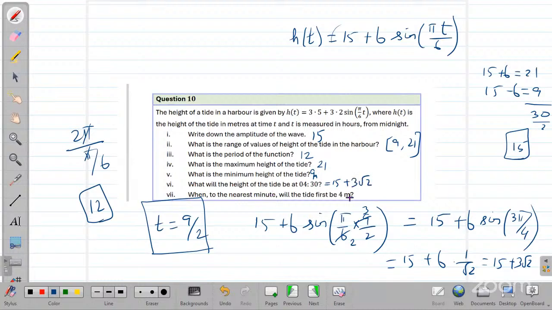When to the nearest minute will the tide first be 4 meters? No, it's 3 times 5 or 3.5.